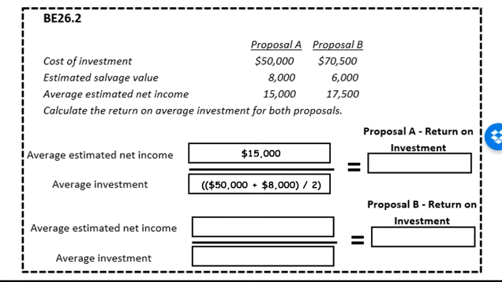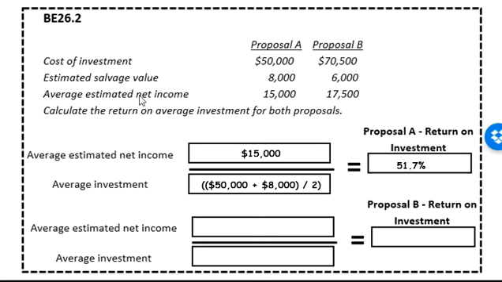That amount then is going to be divided by the average investment, which is the cost of our investment of $50,000 plus our estimated salvage value of $8,000, and that quantity divided by 2. And when we do that, the return on investment for proposal A comes out to 51.7%.